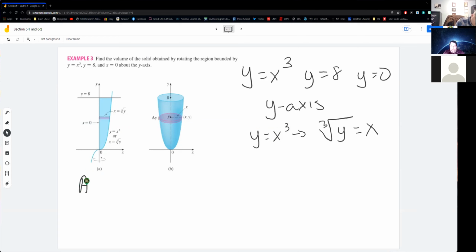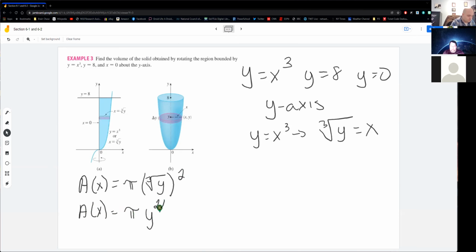So now we're looking for my area. Again, it's the same thing. It's pi r squared. So it's pi times the cubed root of y squared. Which, if I simplify this down a little bit, is y to the 2/3.